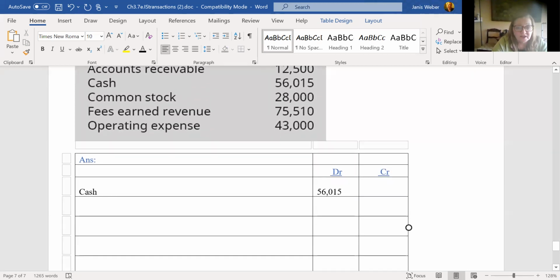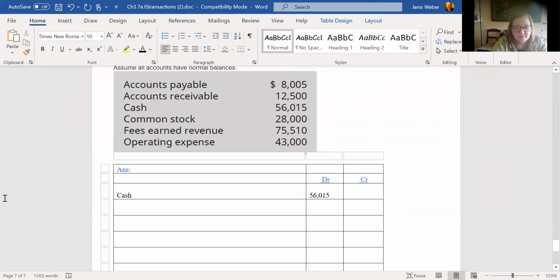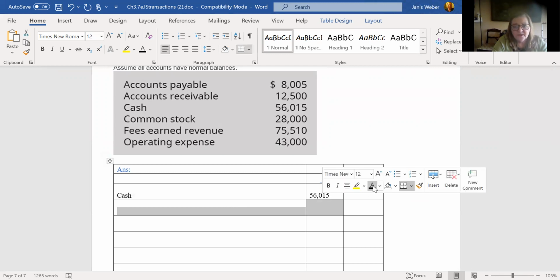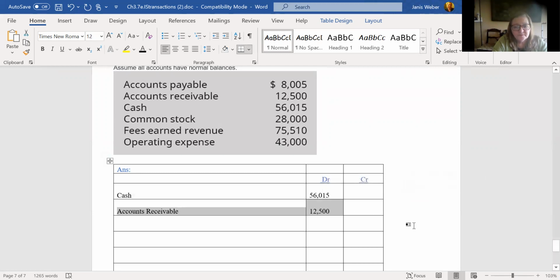Then I'm going to pull the accounts receivable. I'll get this a little smaller so I can see it at the same time I'm making the entries. Accounts receivable balance, debit, and that's all for assets. So you start with your assets in liquidity order, then you go to your liabilities, and you take accounts payable.